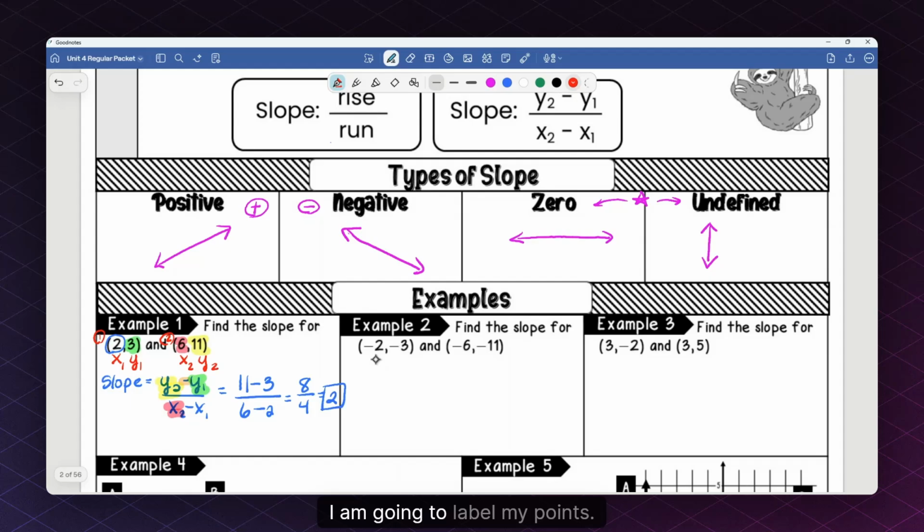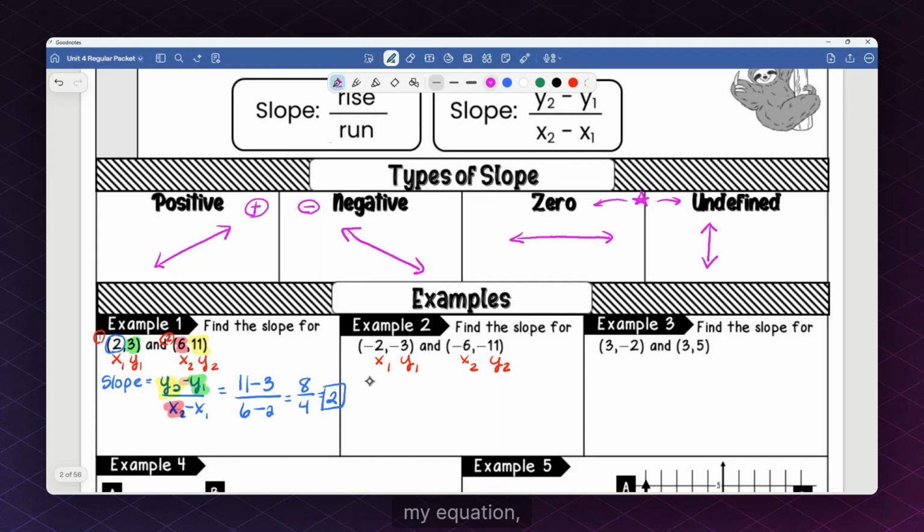I am going to label my points. I got x and y and x and y. This is simply the first one that I come to, so I labeled it x1 and y1. This is the second point I came to, so I'm calling it x2 and y2. That's the whole reason why I labeled it that way. Nothing mysterious.